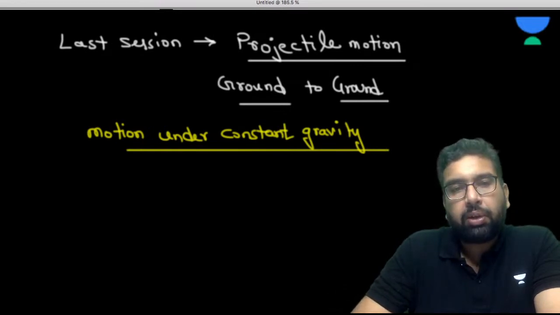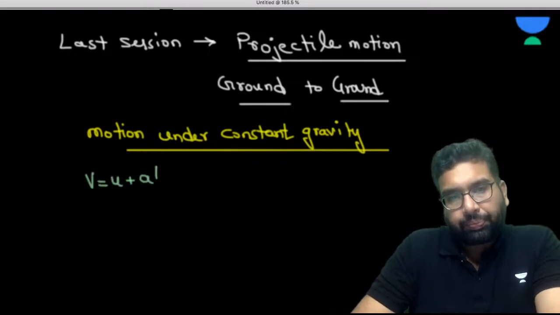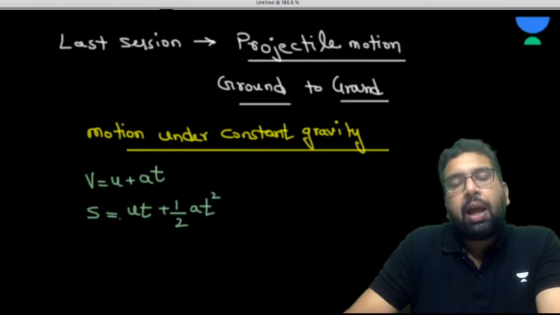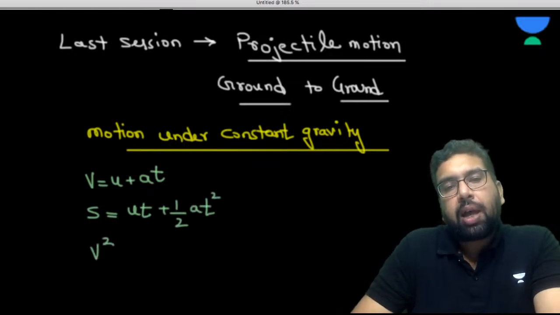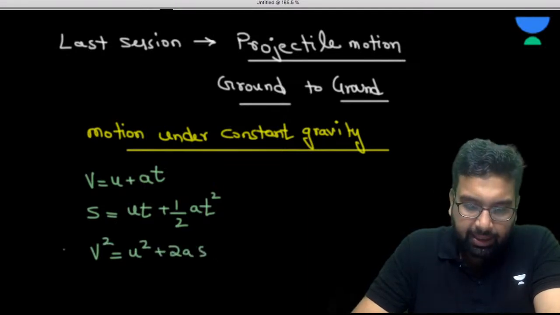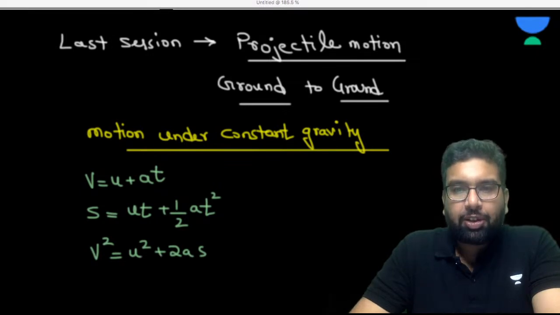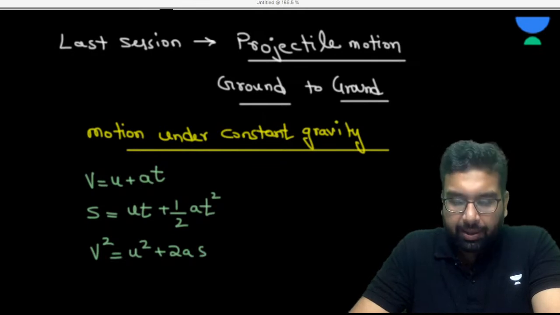What are those equations? v = u + at, s = ut + (1/2)at², and v² = u² + 2as. These are the equations under which motion under constant acceleration takes place.